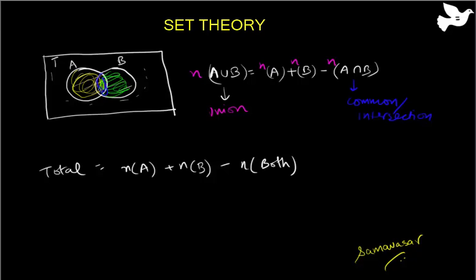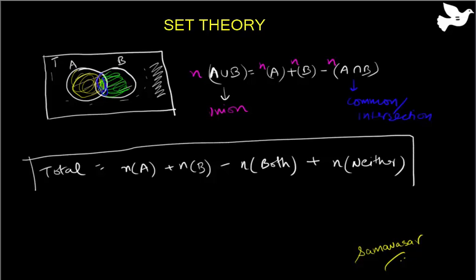And now also plus the number of elements in neither. That is the elements which lie in this region. These are the elements which are in neither A nor B. So the total will be this region plus the elements in the outside region. So this is a formula that you basically need to remember. And because you know how it was derived, it will help you in solving the questions.